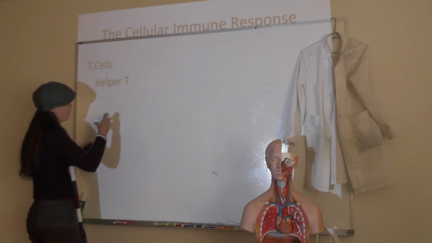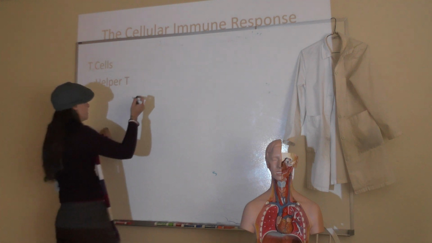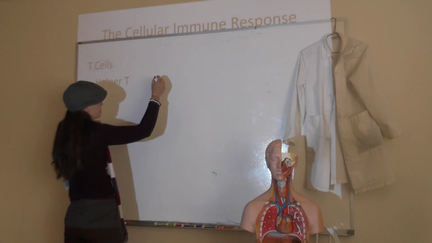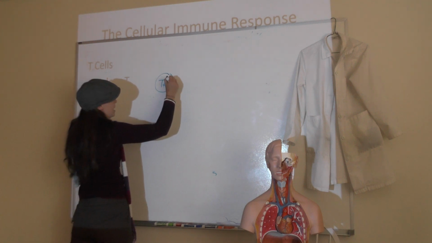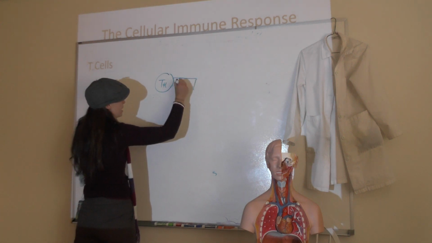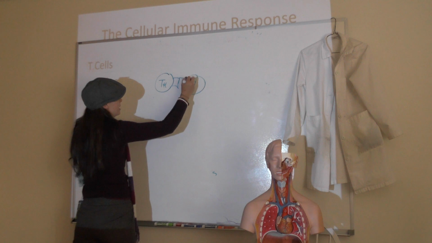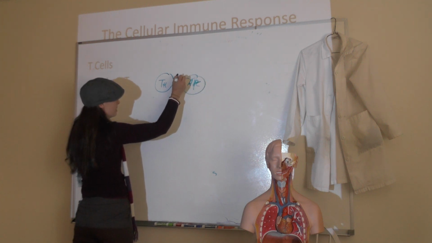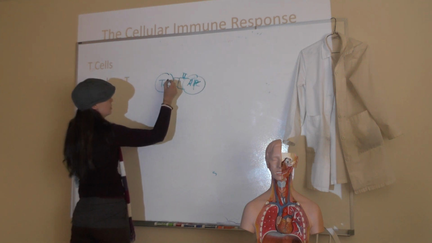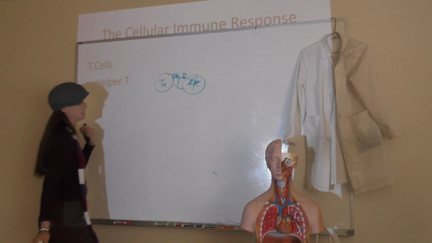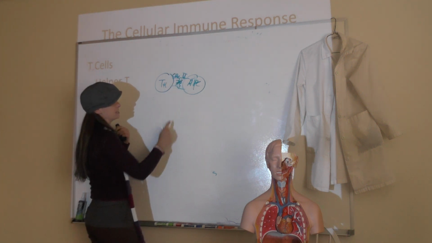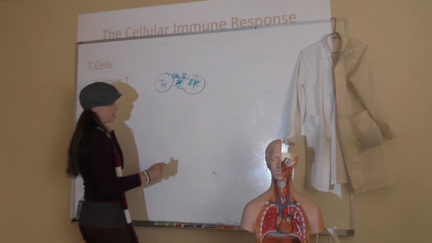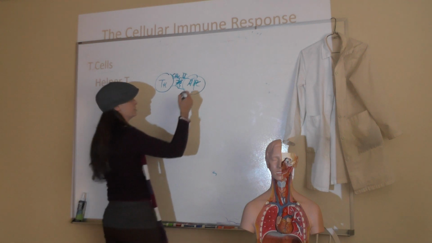But in order for our helper T cell to become activated, for its antigen encounter and activation, it's going to have antigen presented by our antigen presenting cell in its MHC class II molecule. And it's going to recognize that with the CD4 protein. So this recognition of antigen presented in an MHC2 molecule is the first activation step.